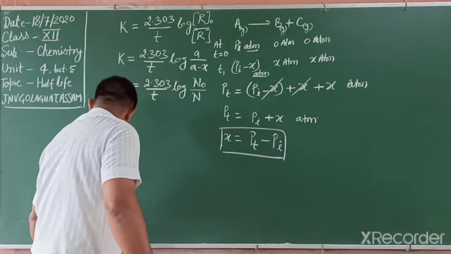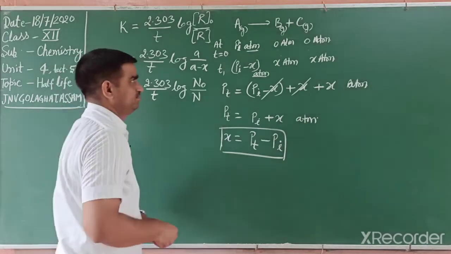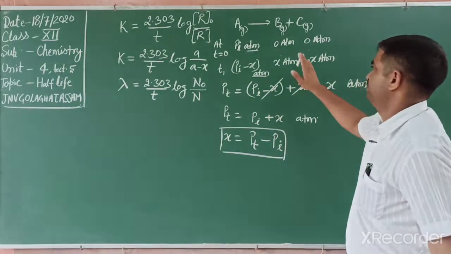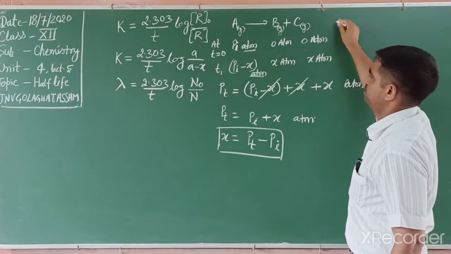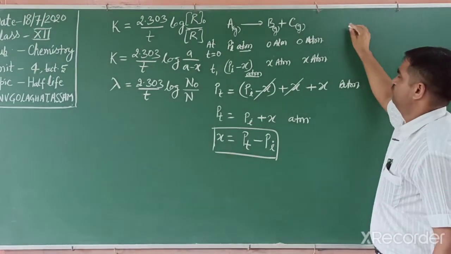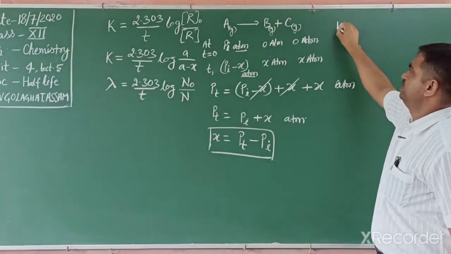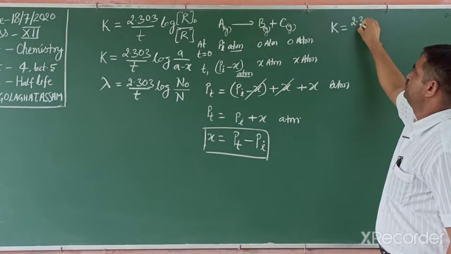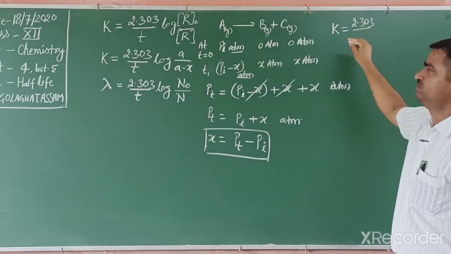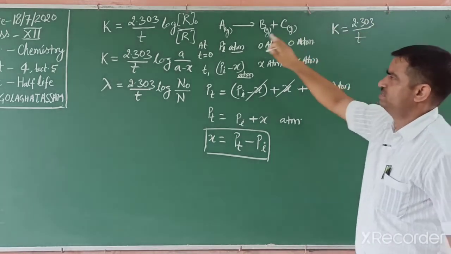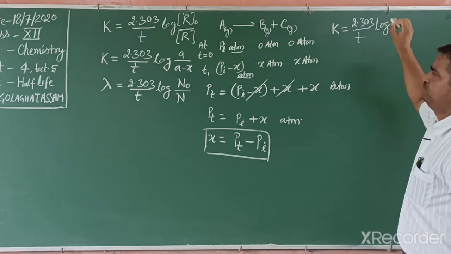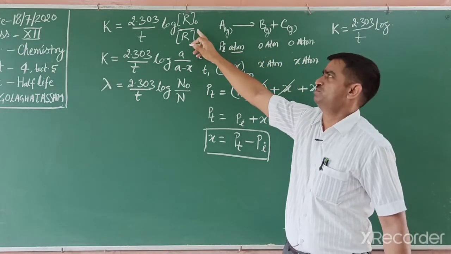So students, how can you write it again? If all the components are partial pressures, then I write the first order reaction. So I write here K is equal to 2.303 divided by T, log of the initial concentration, R naught.